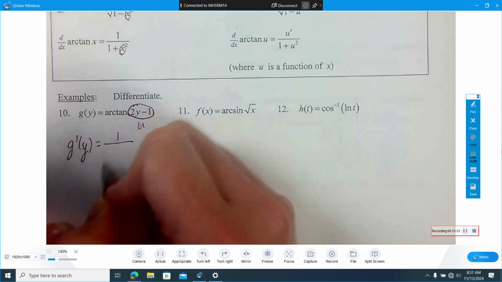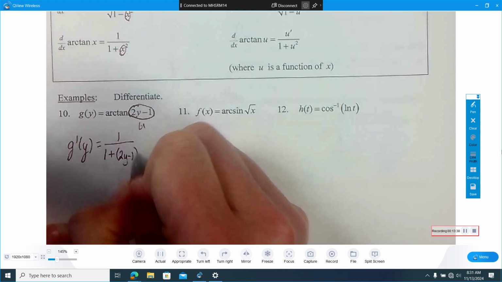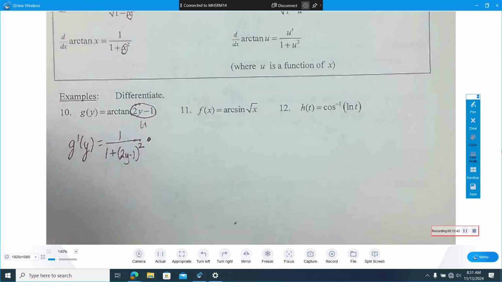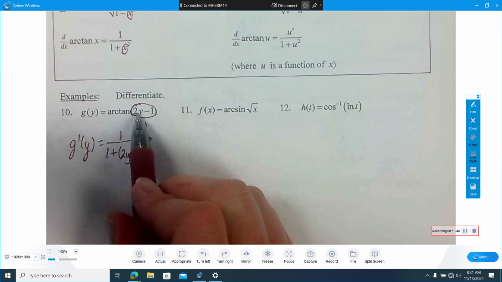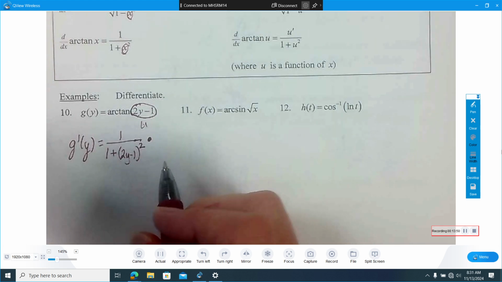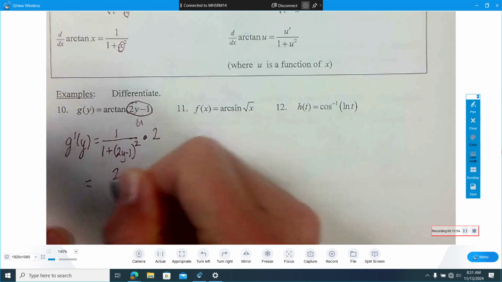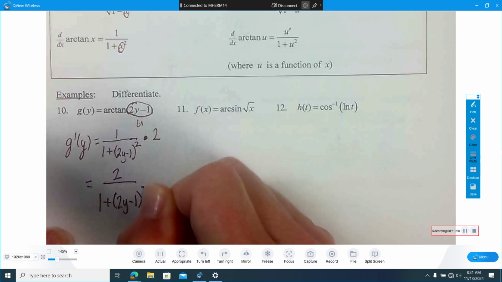So 1 plus u squared. So 1 plus the thing, which is 2y minus 1, squared. But we've got to multiply by the derivative of the thing, the derivative of u. So what's the derivative of 2y minus 1? Times 2, yeah. All right, so we get 2 over 1 plus 2y minus 1 quantity squared.